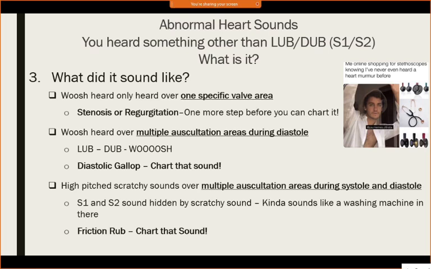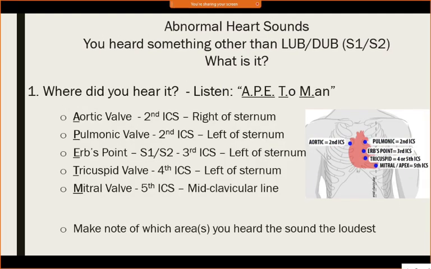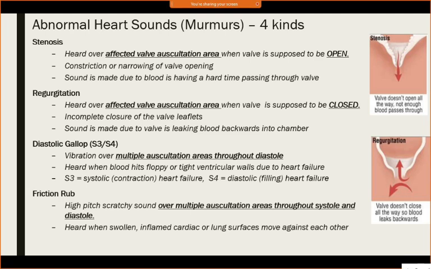Because hearing it over one specific valve area, we're going to name it that valve and either stenosis or regurgitation. I'm showing you the other sounds, these diastolic gallops. So for stenosis and regurgitation, we only hear it over that one area, and we will practice that. Diastolic gallops are diastolic sounds, and they're called the S3, S4 sounds.